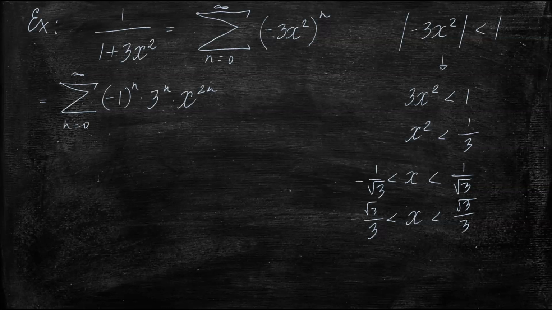So what we did is we found the power series representation of this function again, which we haven't known until now. And we also found the interval of convergence for this statement.